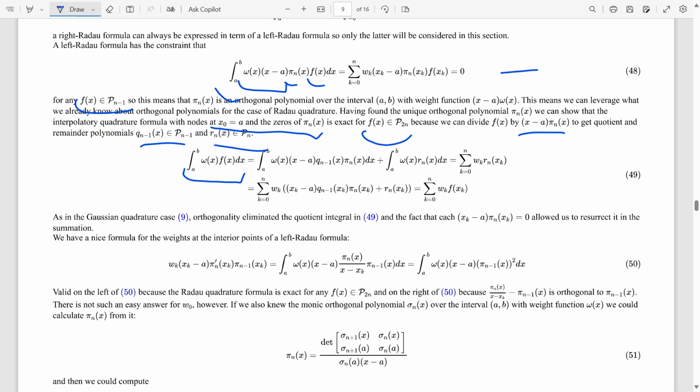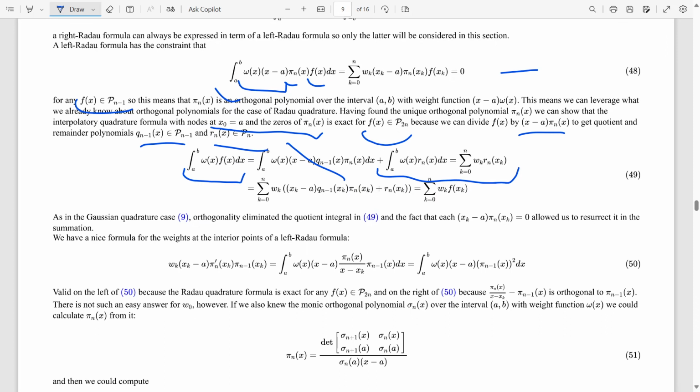And then the quotient integral part is 0 by orthogonality, and we can integrate the remainder part exactly because the formula is by assumption interpolatory.